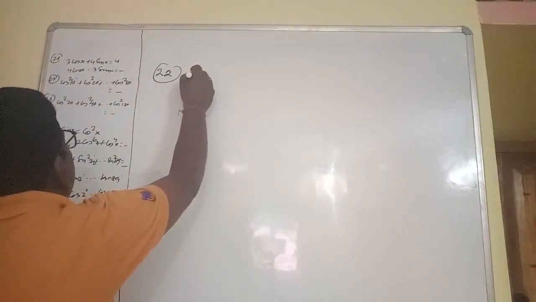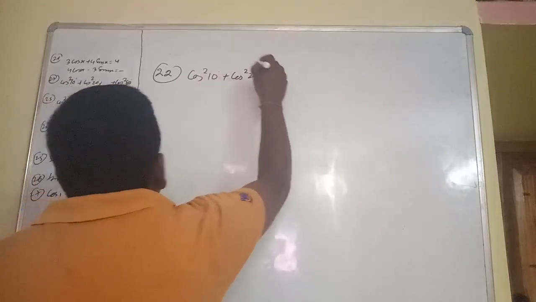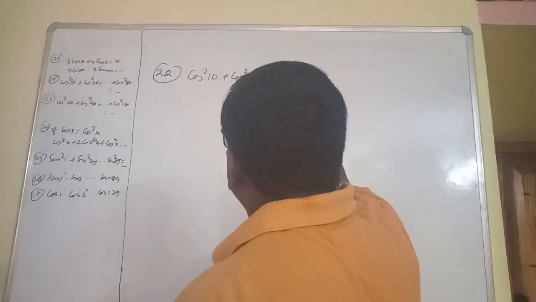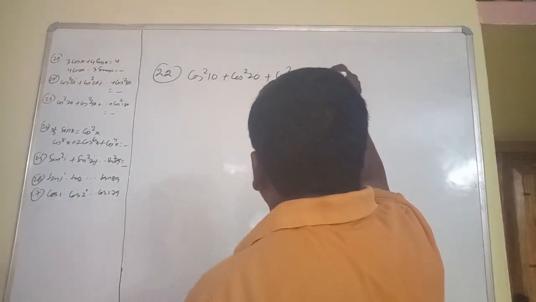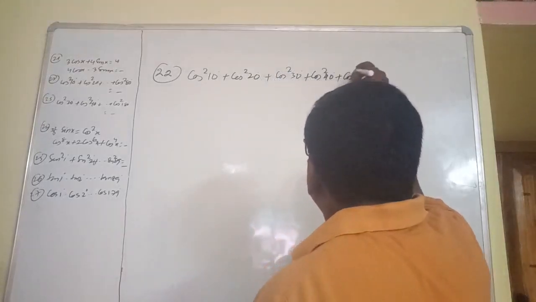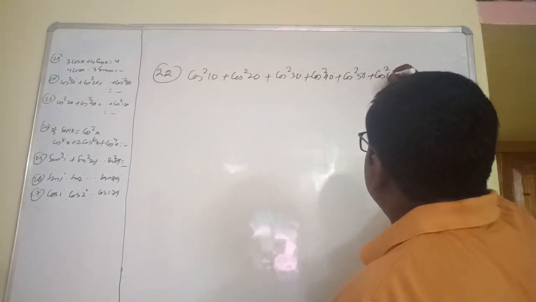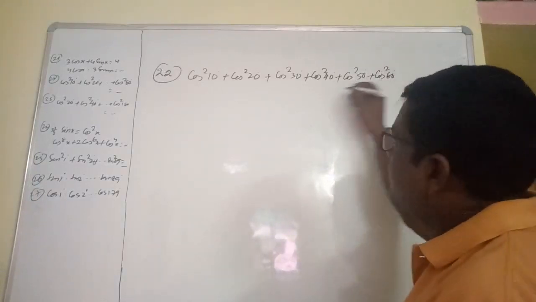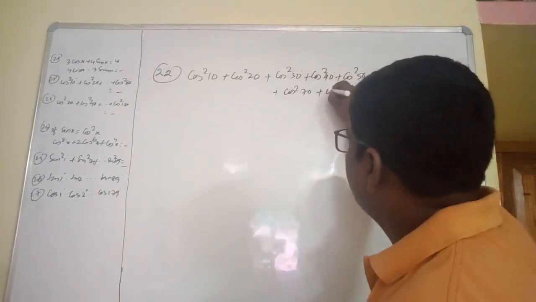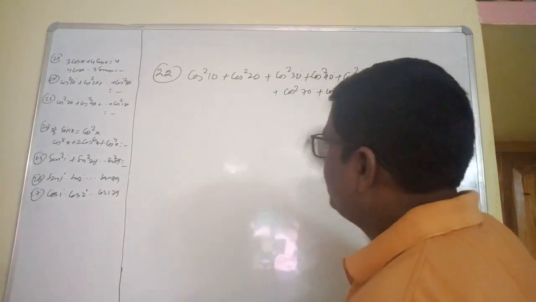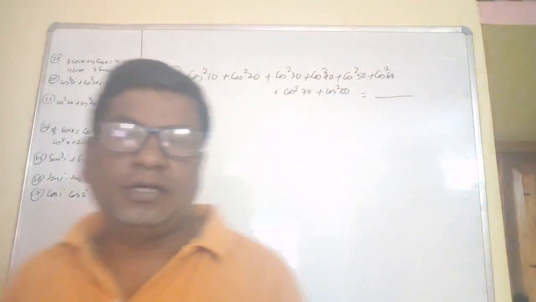Find the value of cos square 10 degree plus cos square 20 degree plus cos square 30 degree plus cos square 40 degree plus cos square 50 degree plus cos square 60 degree plus cos square 70 degree plus cos square 80 degree is equal to dash. This is your question.